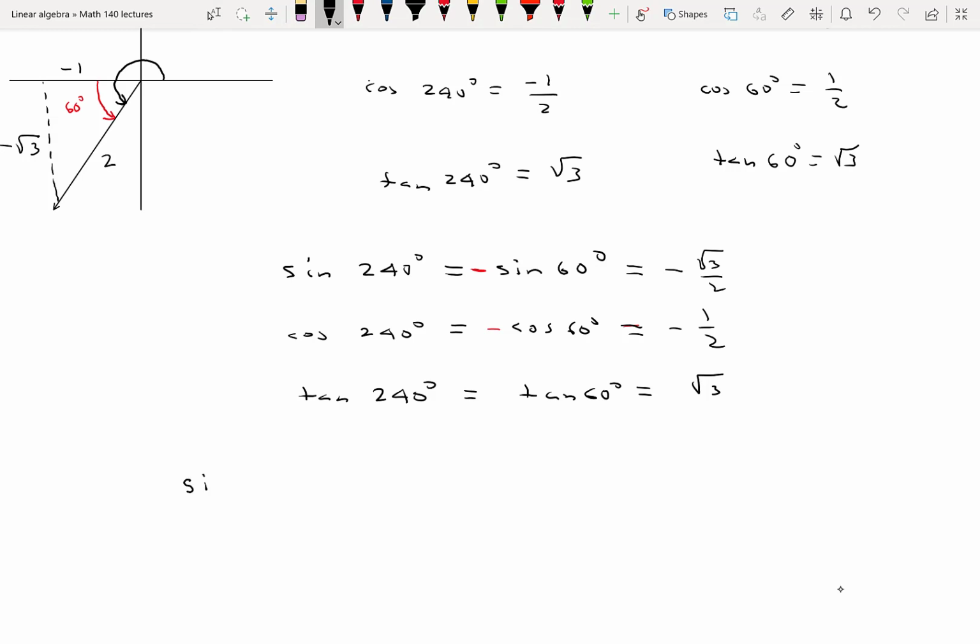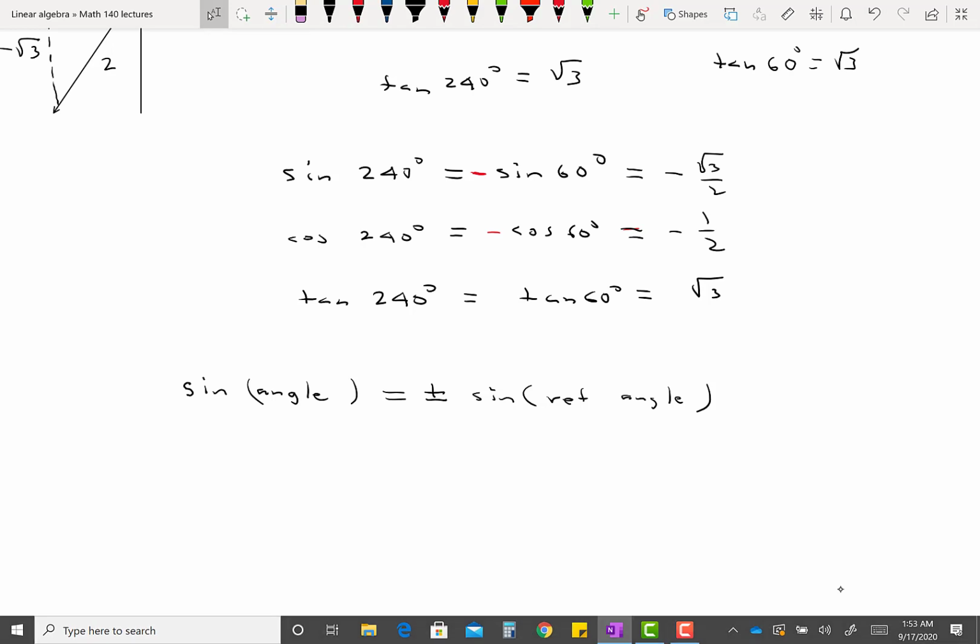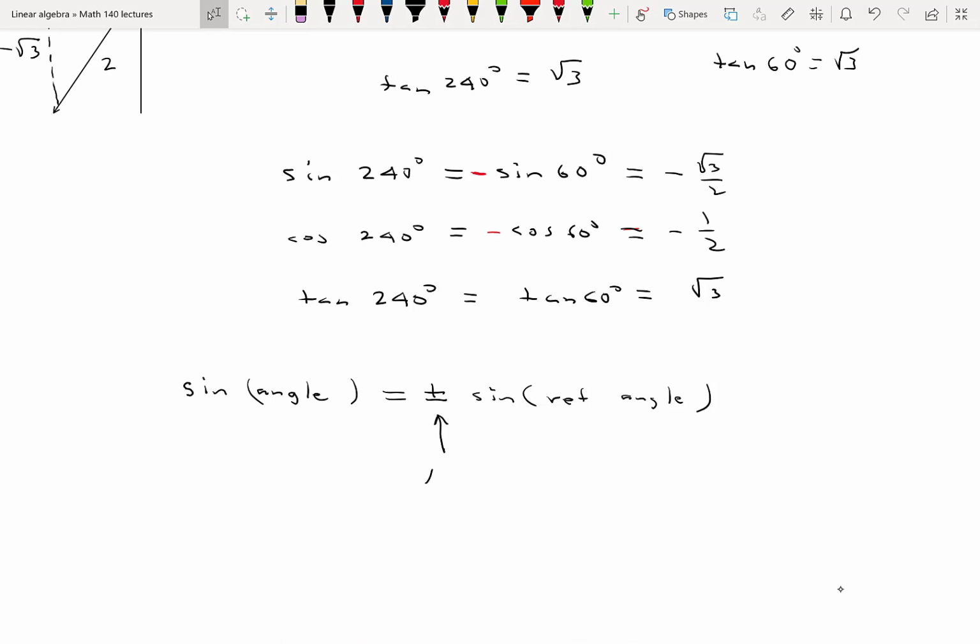The sine of an angle, any angle, big, small, medium size, whatever, except for quadrantal angles, is almost equal to the sine of the reference angle, except you have to determine whether you insert a plus or minus. And that plus or minus depends on where the angle is. Where is the angle?